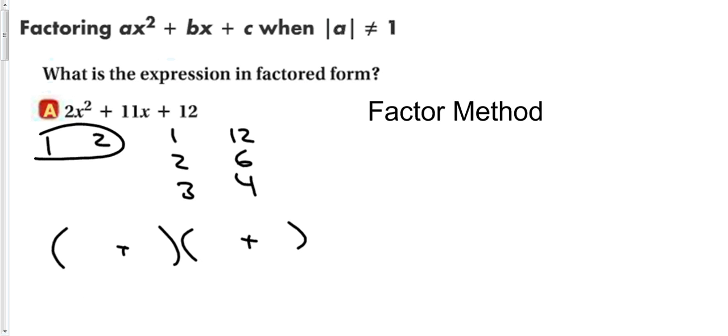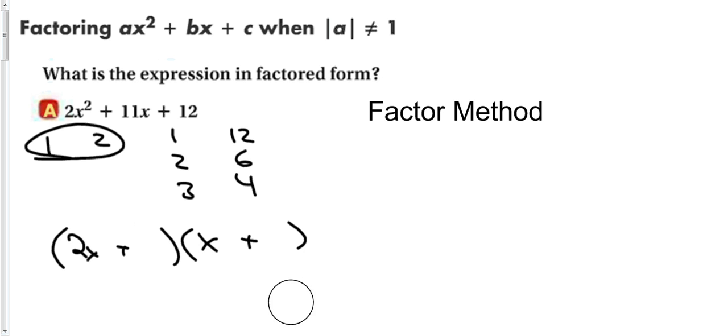And I only have one set of factors. So that means this has to be a 2x and this has to be an x. Or the other way around, that doesn't matter. Okay. Now, the trick is to figure out what goes in the other two positions in order for me to multiply the inside pair and the outside pair and add them together to get 11.